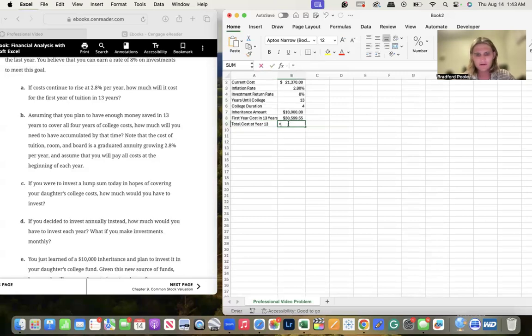All right, so we're going to have to write out the annuity formula, which is going to be our first cost multiplied by, minus 1 plus our rate.